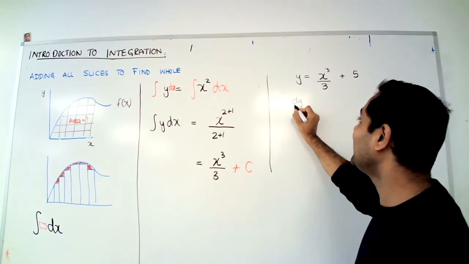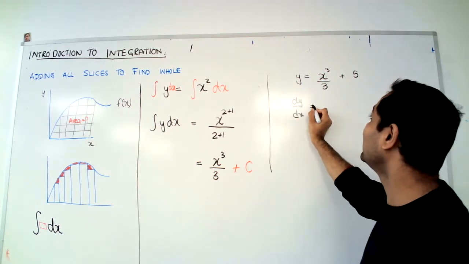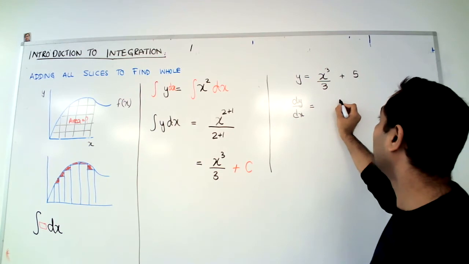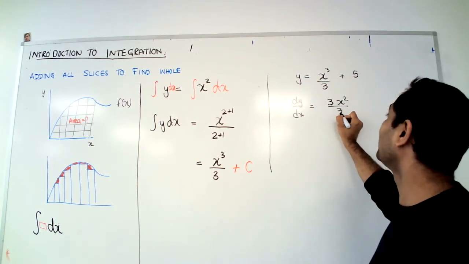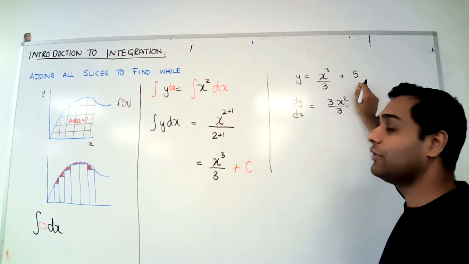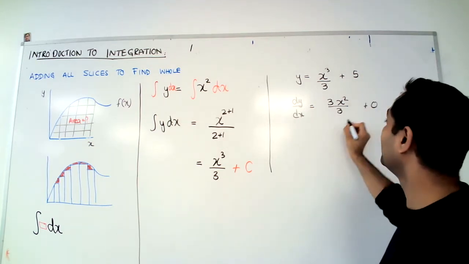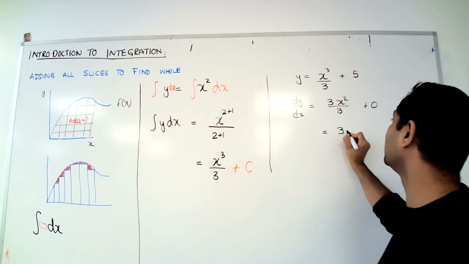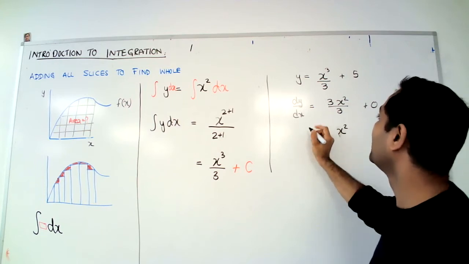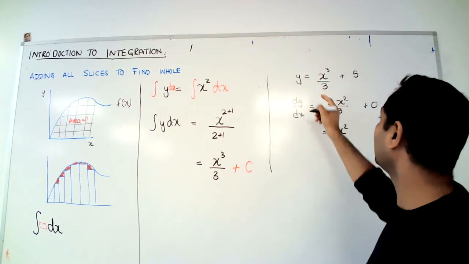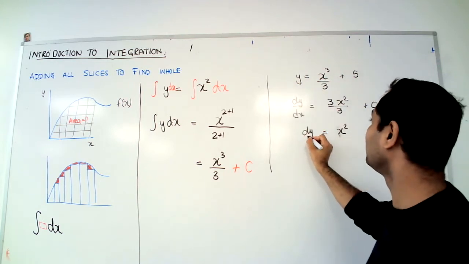When I differentiate, the 3 comes out, giving x squared over 3 times 3, and the differentiation of the constant is 0. So the 3 and 3 cancel out, and I get x squared.